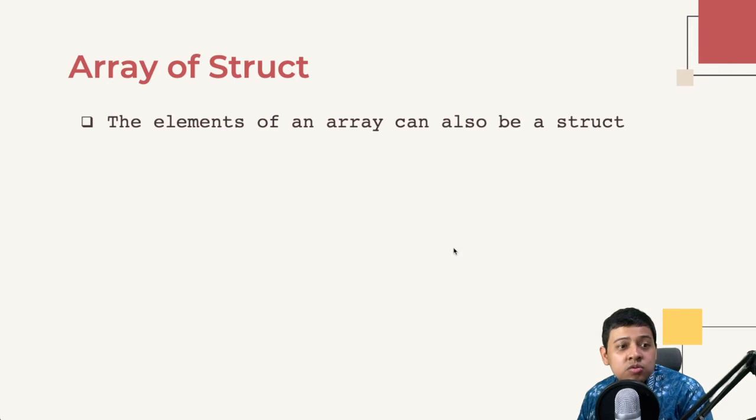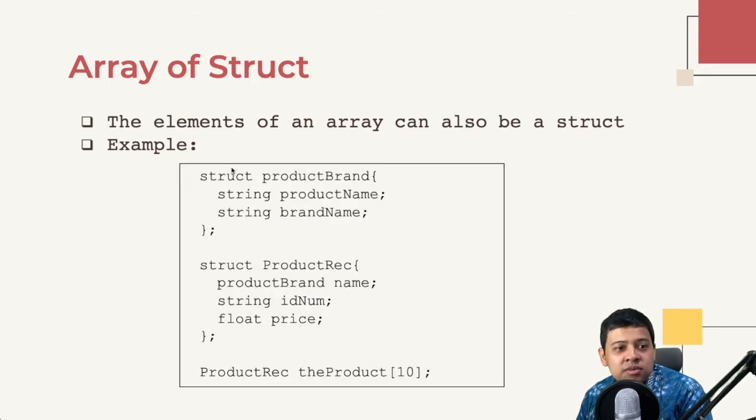Now next we are going to talk about array of struct. Structs are not limited to just themselves. They can be used in an array data structure. For example, just like here, we have this struct just like before, a nested struct, and then we want to make 10 of them, 10 of similar struct.